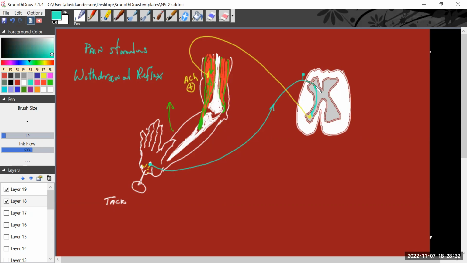So how is it that the neuron that is going to deliver excitation to the biceps is going to have to also inhibit the triceps? So what has to happen is we have to synapse on an intermediate neuron.